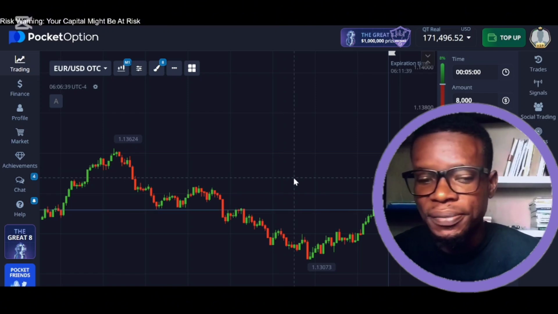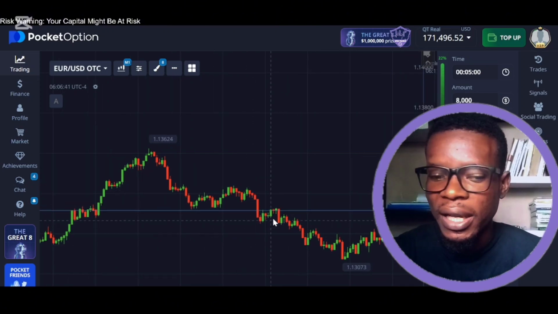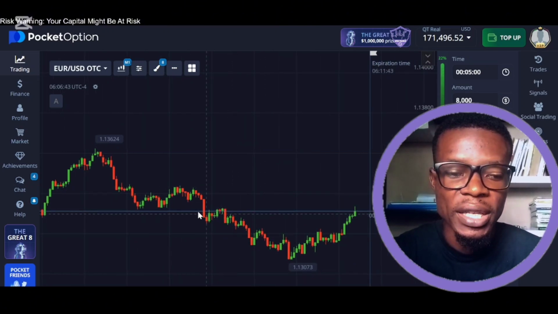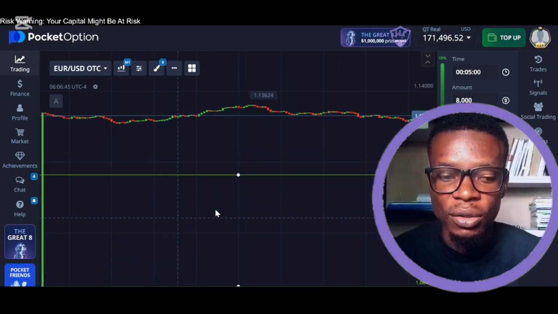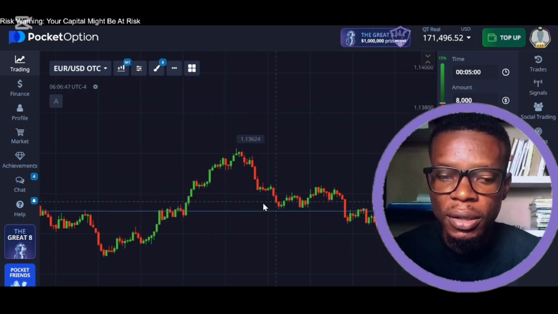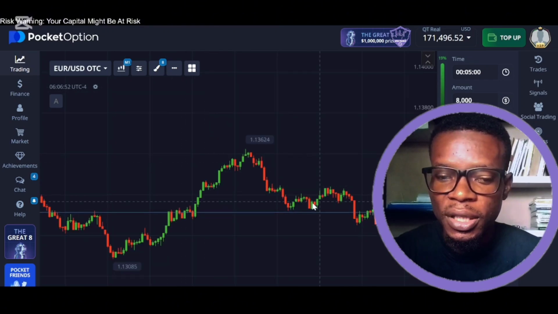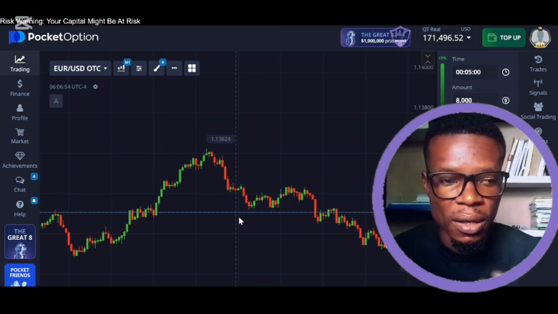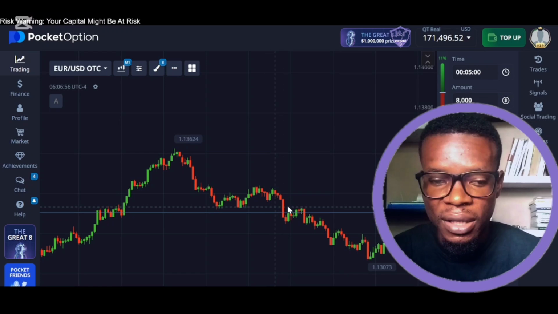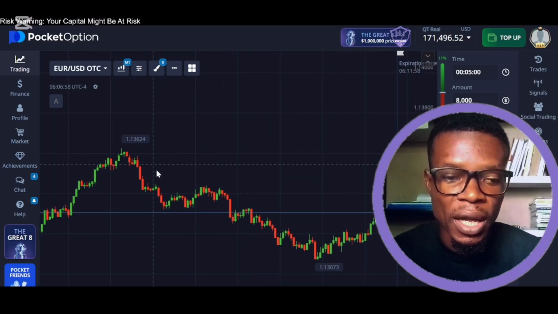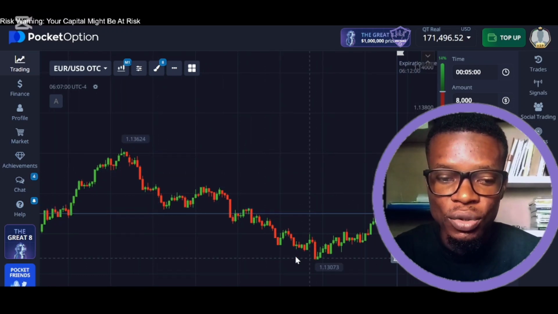So that being said, let us analyze this chart to see how we can potentially enter a trade in this market condition. Right here you can see that price used to be in an uptrend, but in the past few hours price has started falling strongly, creating lower lows and lower highs.